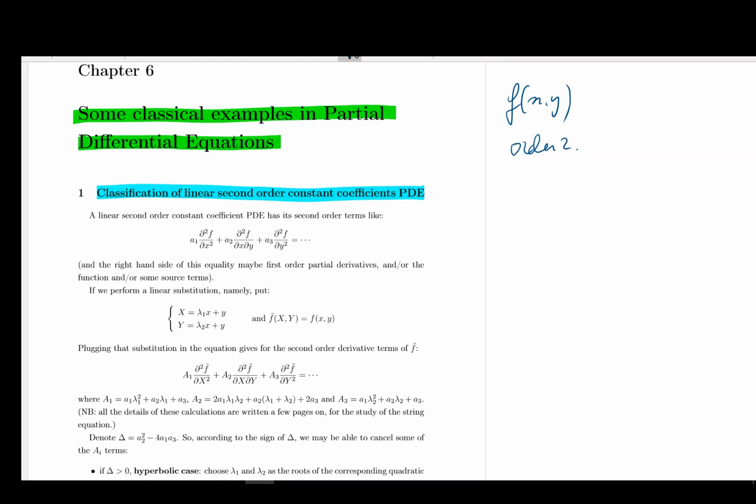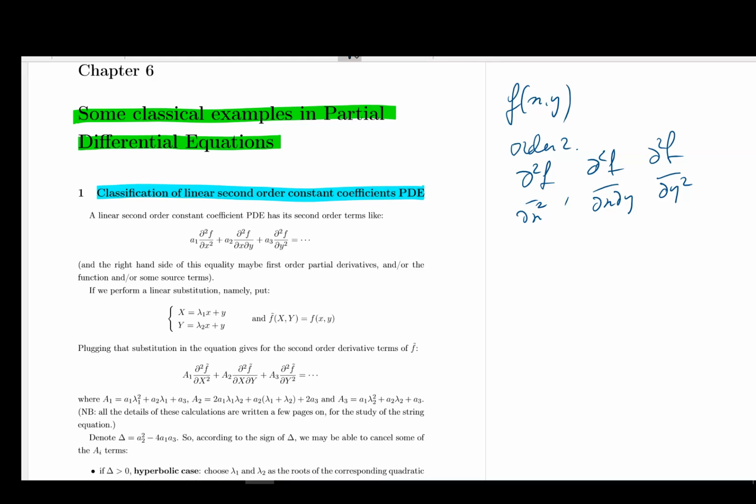Meaning that we're going to have some order 2 partial derivatives, so d2f over dx square, d2f over dx dy, the cross derivatives, and d2f over dy square. And then you will have some order 1 terms, involving df over dx and df over dy, and possibly f, equal to 0 or maybe something.